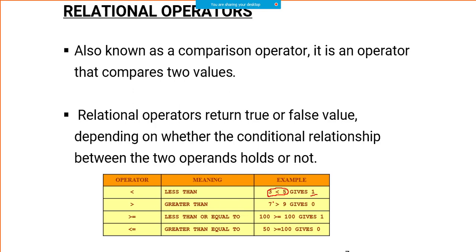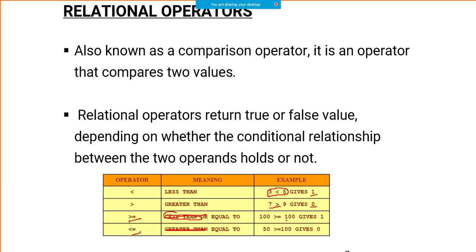Now greater than, suppose let's say 7 greater than 9, it's false. False yani 0, it gives 0. Greater than or equal to, right? यहाँ गलत लिखा हुआ है, this is wrong actually, ये swap हो गया. This is less than or equal to, this is greater than or equal to.